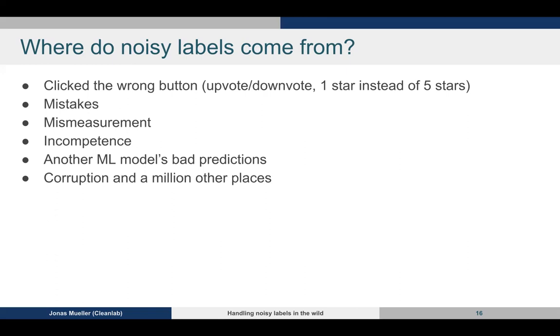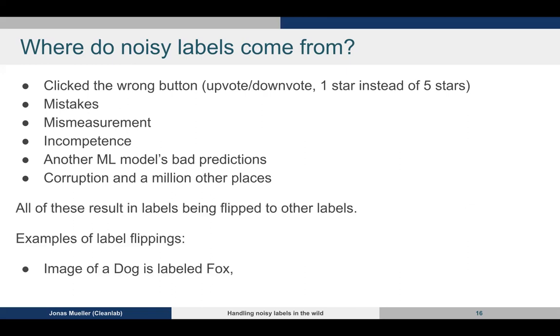And then obviously there's just general noise that can arise through all sorts of processes. So basically what I'm focused on for now is, again, a classification data set where each image is labeled as 1 of k classes, for example, dog, cat, and fox. And some of the images of a dog might accidentally be labeled as a fox.